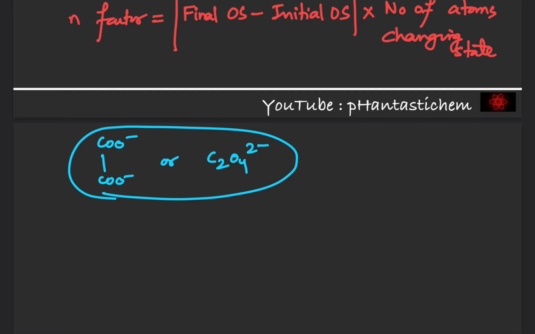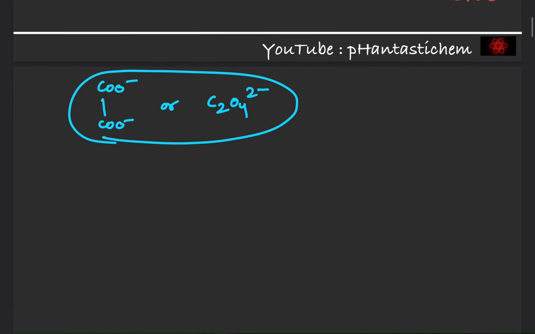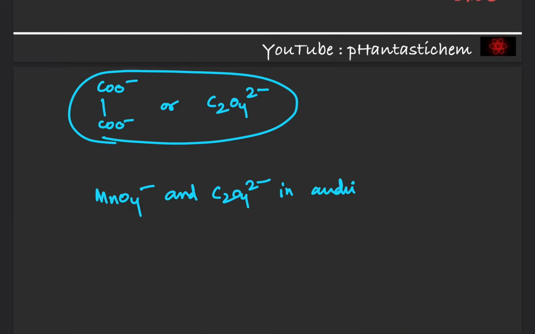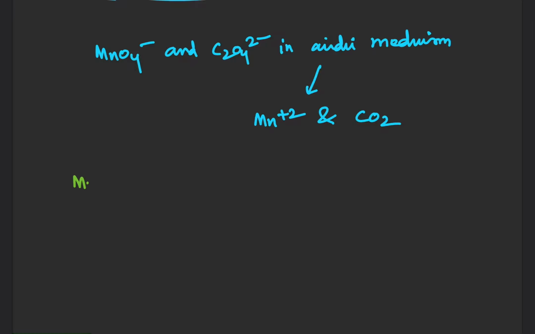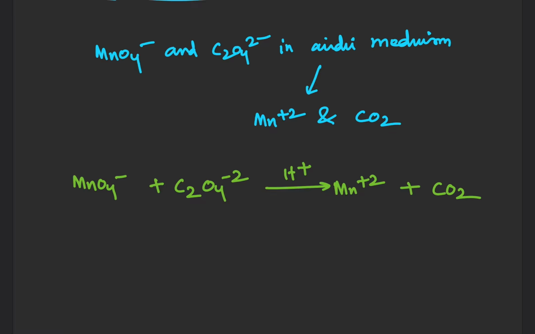One thing we should know is that MnO4- and C2O4 2- in acidic medium get converted to Mn2+ and CO2 respectively. So the reaction is MnO4- plus C2O4 2- in acidic conditions gives Mn2+ plus CO2. No need to balance this.